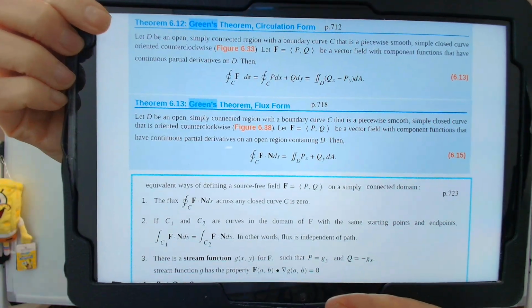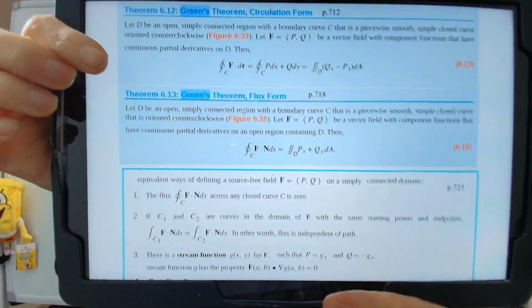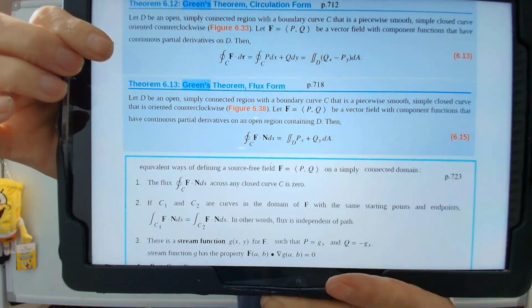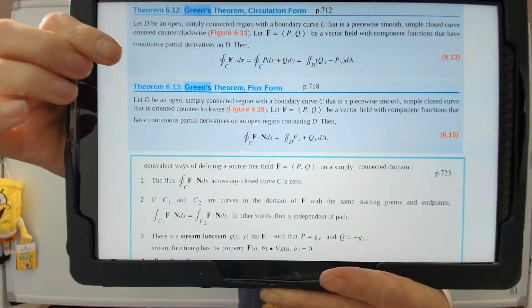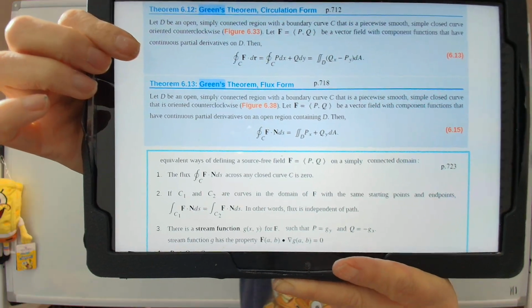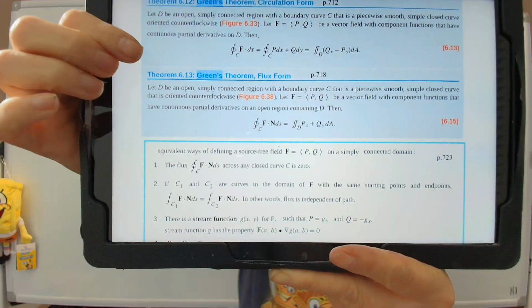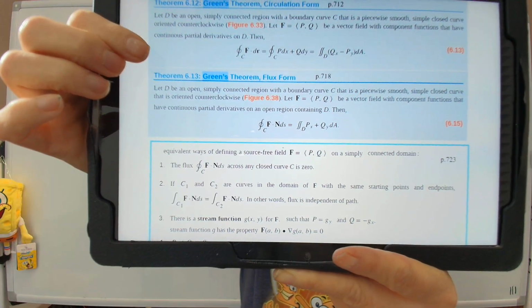So first, let's look at Theorem 6.12, Green's theorem, circulation form. What that means is that when you integrate over a closed curve, in 2D, F equals just P, Q, no third dimension.